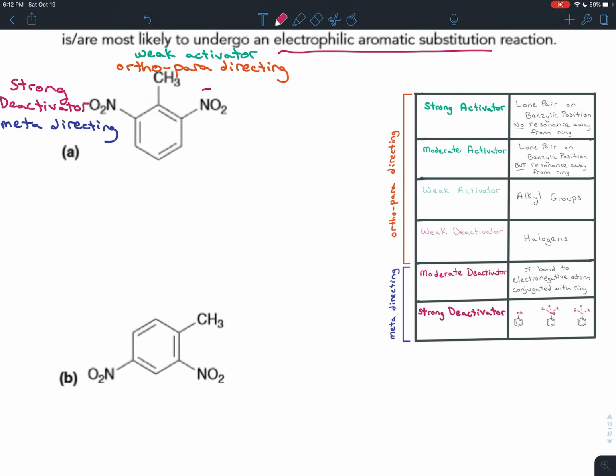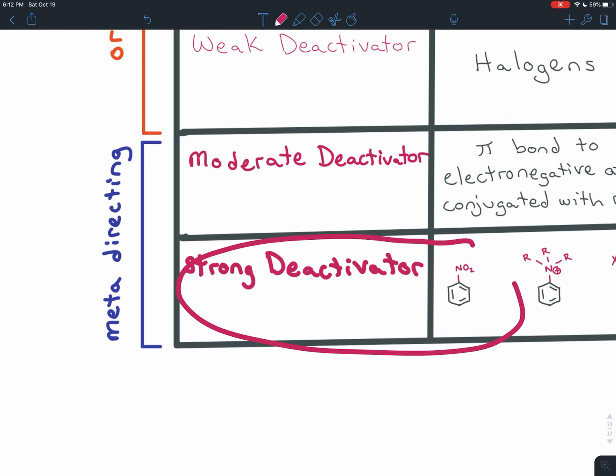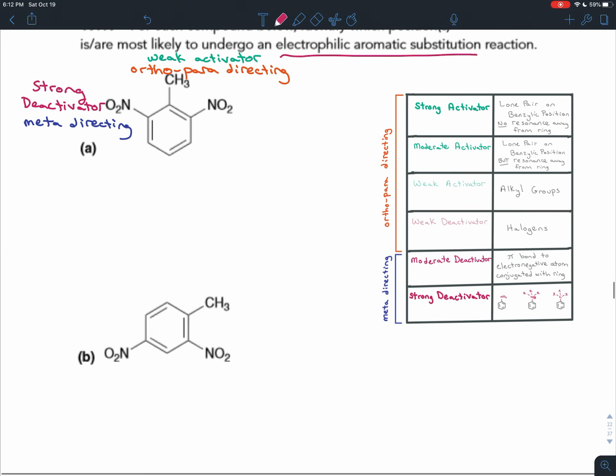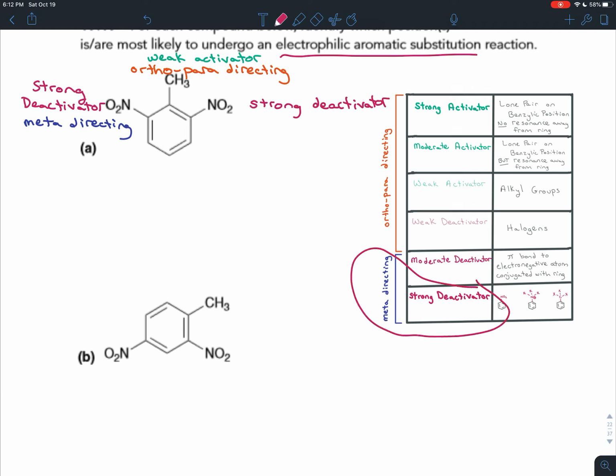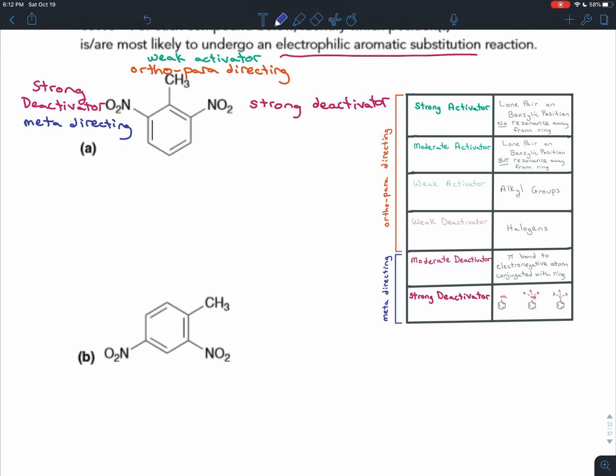And then on the right here, we have a nitro group again. Nitro group is one of the strong deactivators, one of those 3 strong deactivators that you want to know. So that's a strong deactivator. And all strong deactivators are meta-directors. So that will be a meta-director.